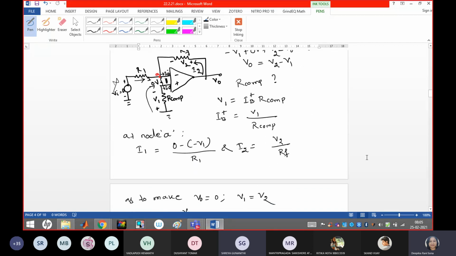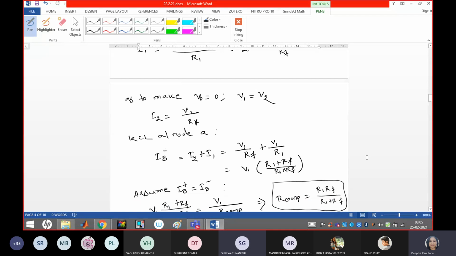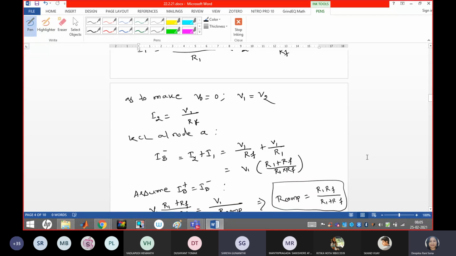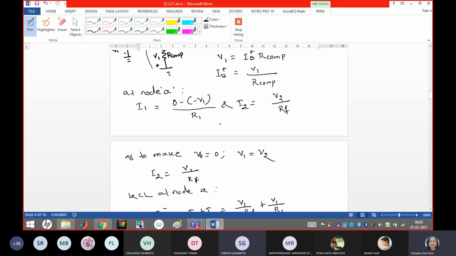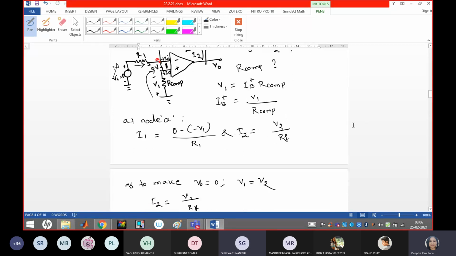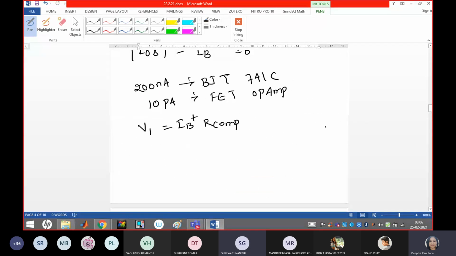Similarly, in the previous equation, we have seen that I1 equals V1 by R1. We have to apply KCL at this node A. Let's see what can be rewritten here.